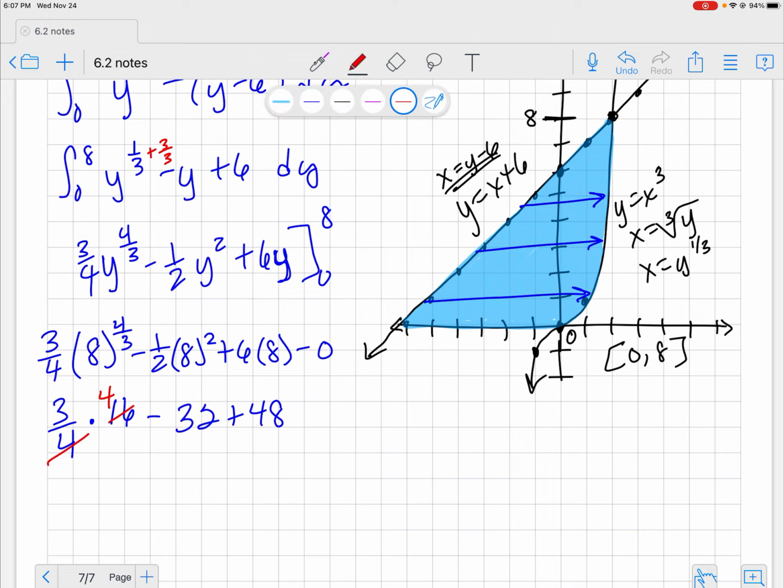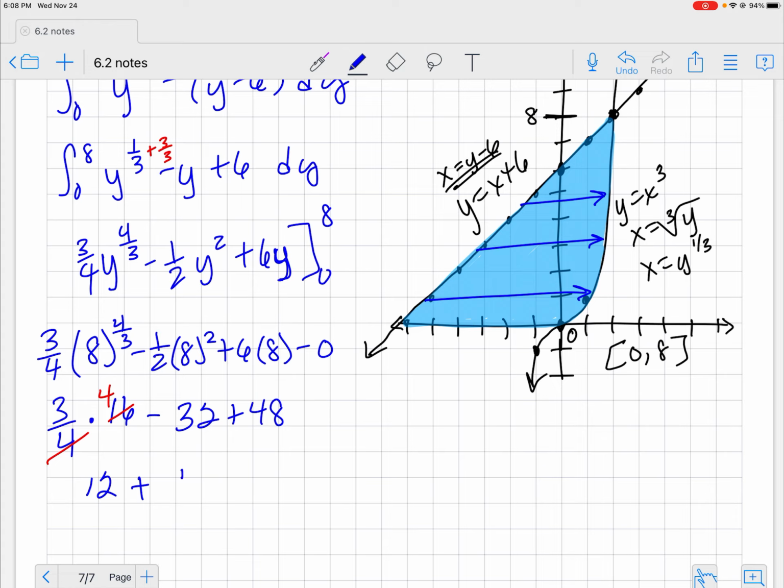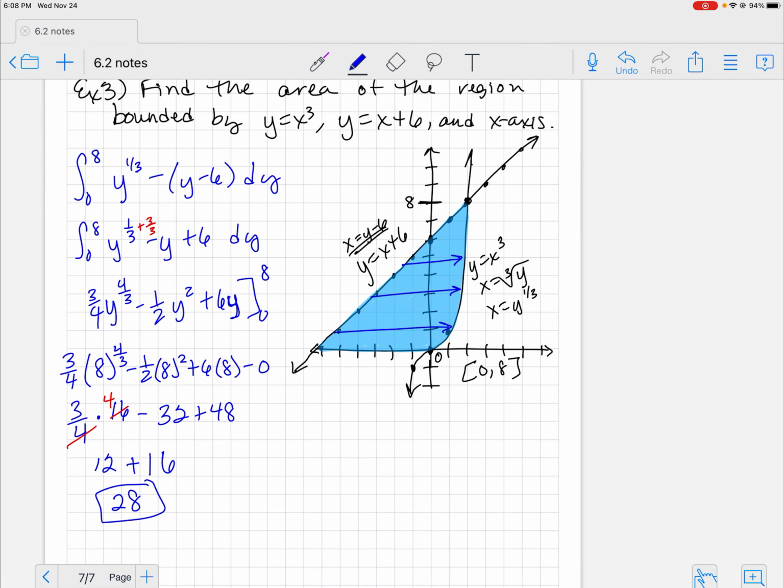Then you can reduce this. 4 goes into 16 4 times. So we're even rolling this here, right? 12 minus 32, and 48 would actually end up being a plus. Oops, I wasn't right in there for a second. 16. So I end up with 28 total. Not too shabby, right? All right, 28, nice and easy.